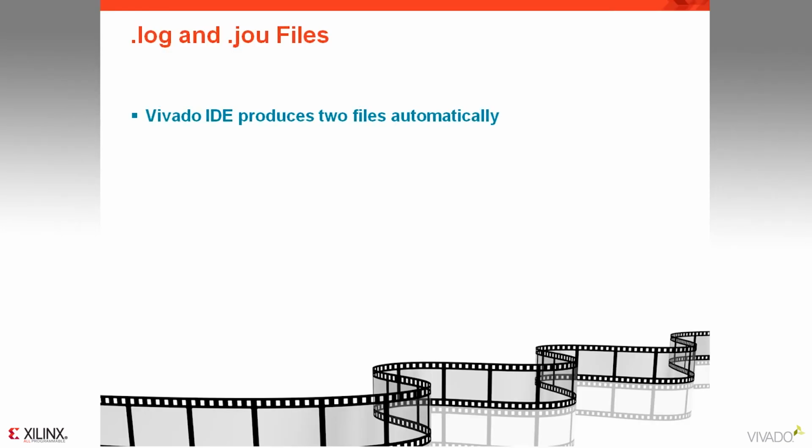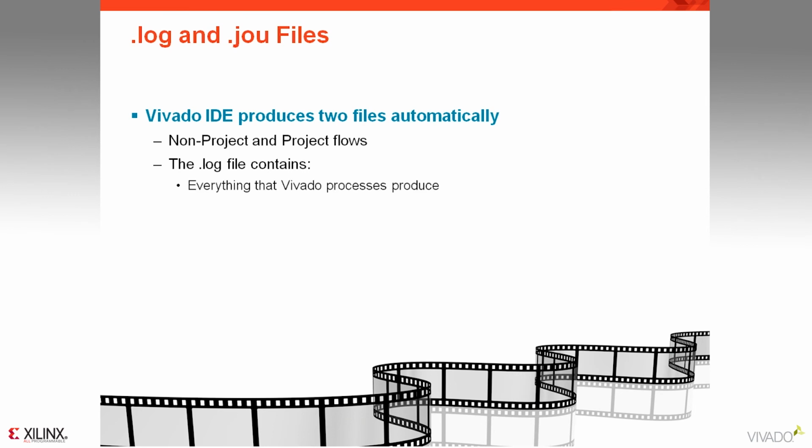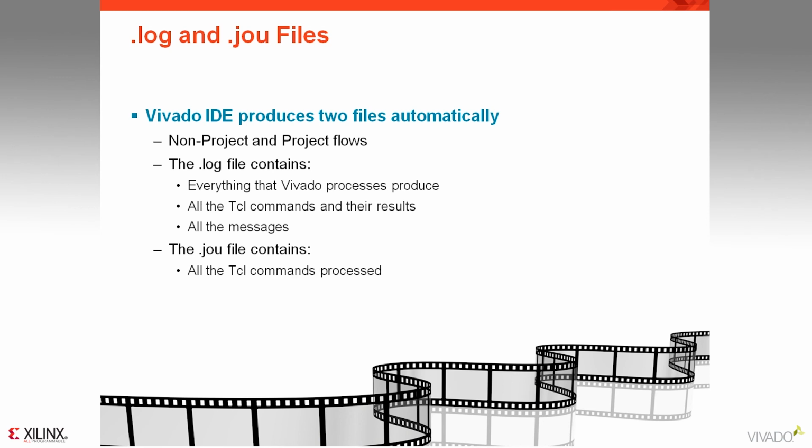The Vivado Design Suite always produces a log and journal text file, both for a non-project and project flow. The log file contains everything that the Vivado processes produce, such as all the Tcl commands and the results, and all the messages that are produced. The journal file contains all the Tcl commands that were processed.